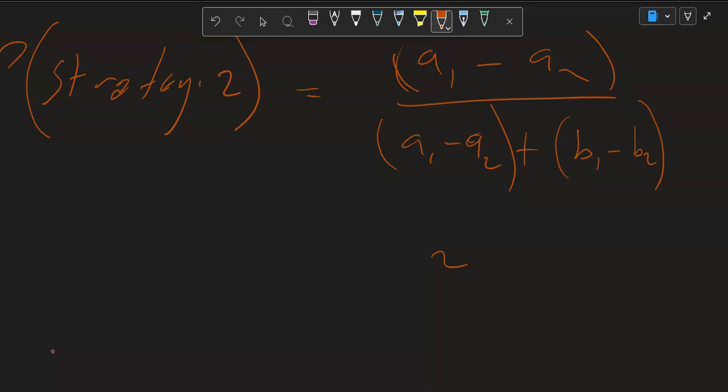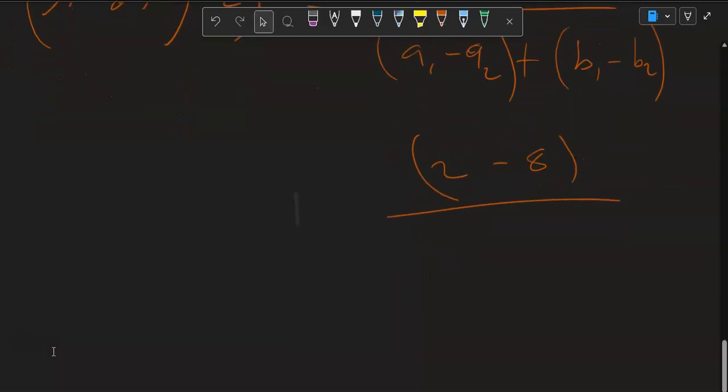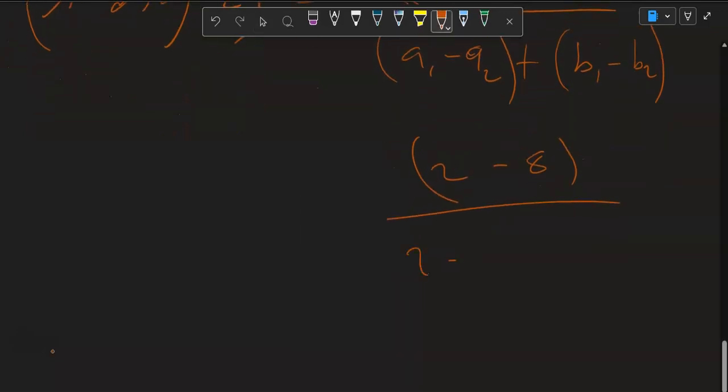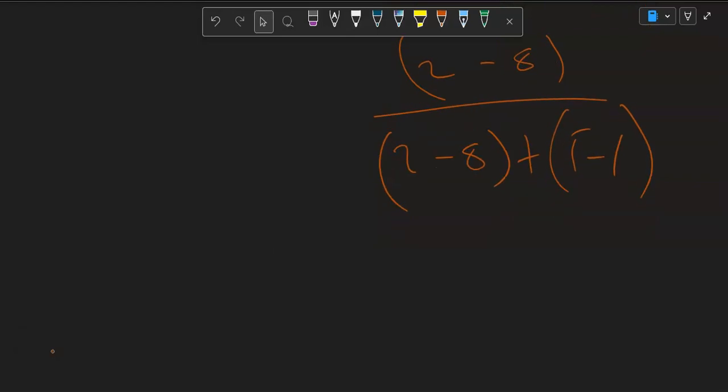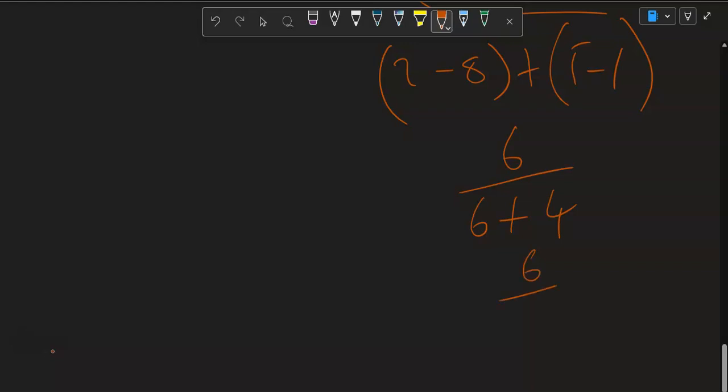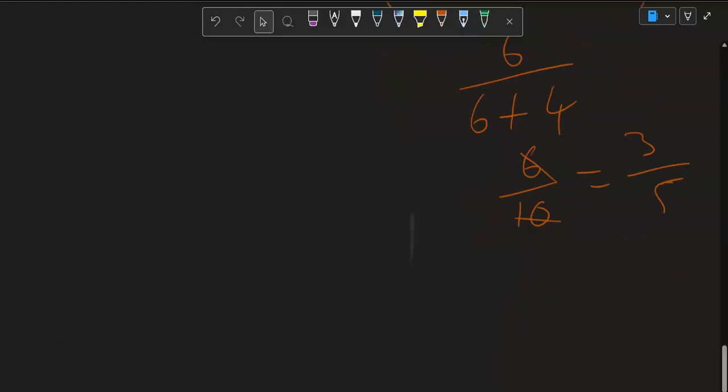Then that is 8, right? Over A1, which is 2 minus 8, plus 5 minus 1. Then we have 6 over 6 plus 4, so 6 over 10. Can I reduce it further? Yes. 2 there is 3, 2 there is 5. So 3 over 5.